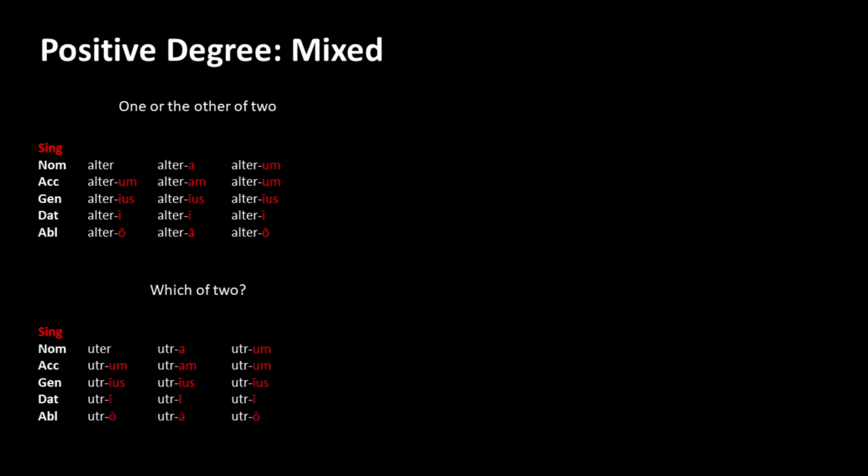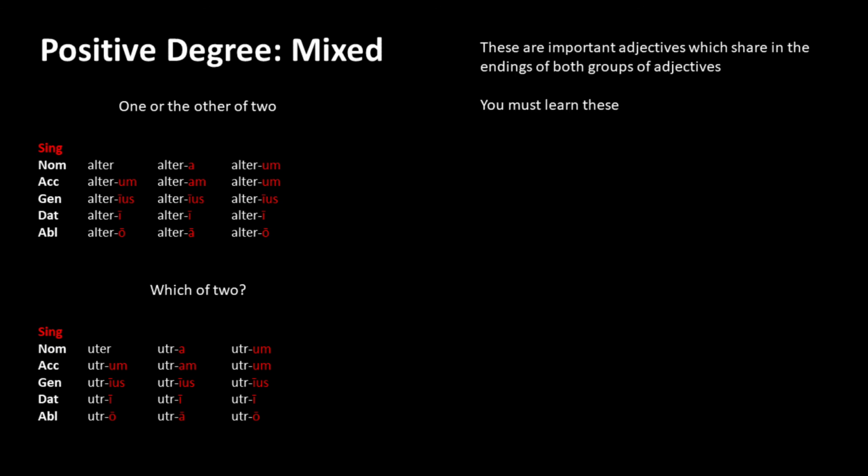You can also see this with the second example I've given, uter, utra, utrum, which of two. This varies from group 1 and group 2 adjectives in exactly the same way as alter, altera, alterum. You need to be aware of these variations, and perhaps, although it is not an activity I'm in the habit of recommending, perhaps you need to learn them.